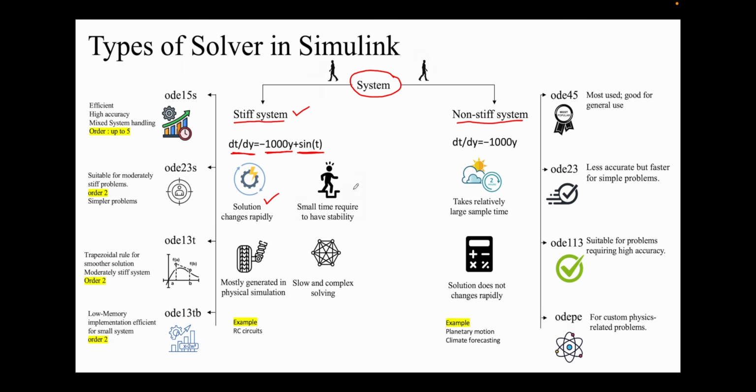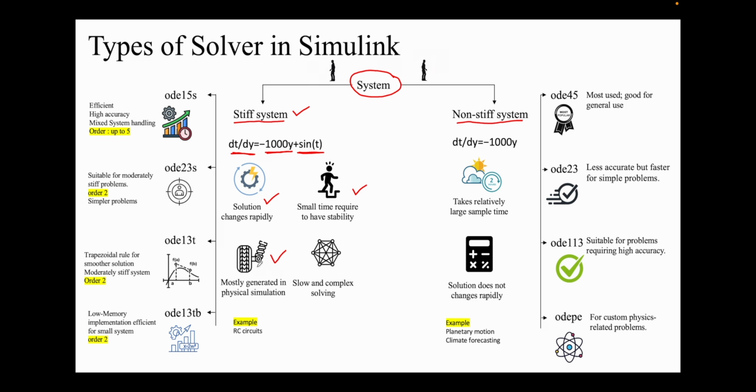Along with that, you require a lot of stability, and only if you reduce your sample time to a very small value will you be able to achieve the stability which is available within the tolerance band we discussed in the last video. Mostly these types of systems are developed when you are dealing with a physical system.